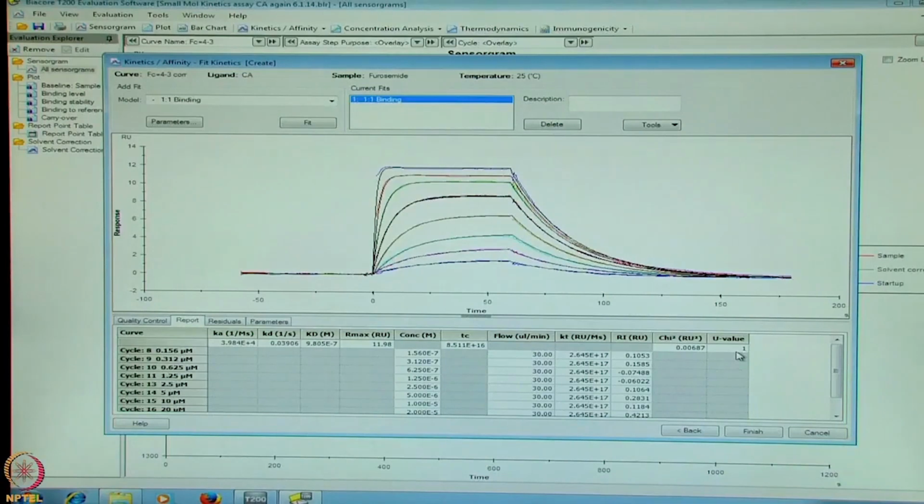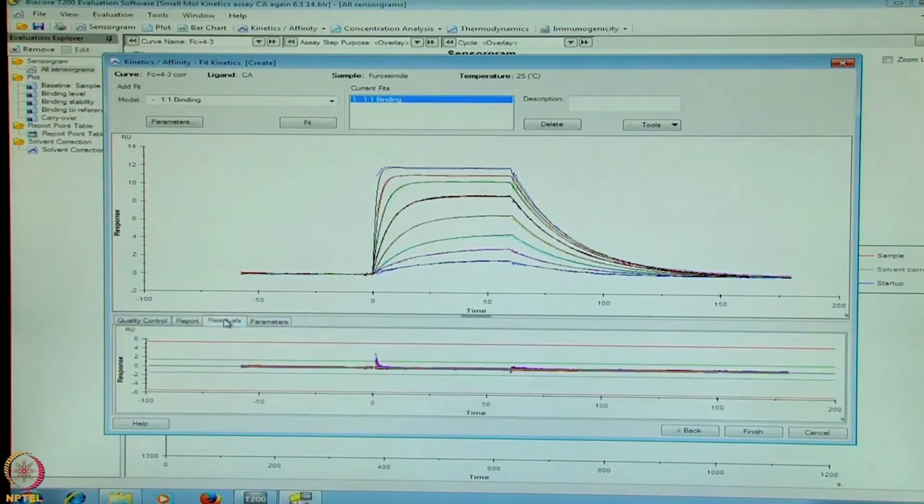So this data shows the affinity of the interaction of furosemide with carbonic anhydrase is 9.8 x 10 to the power of minus 7 molar. With this, we go to the next tab and analyze the data.